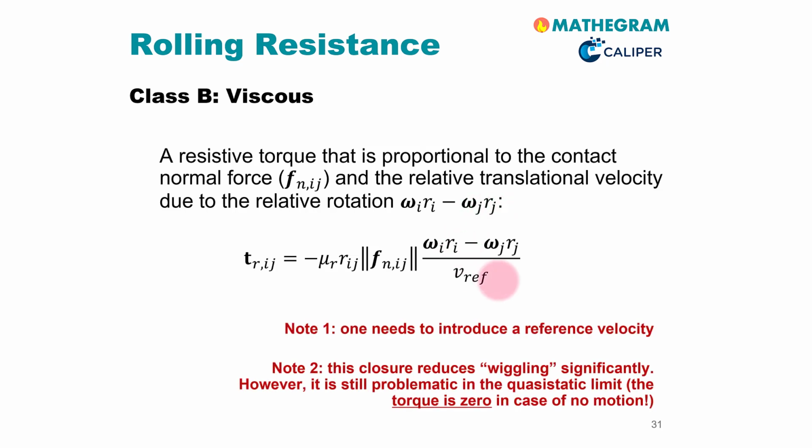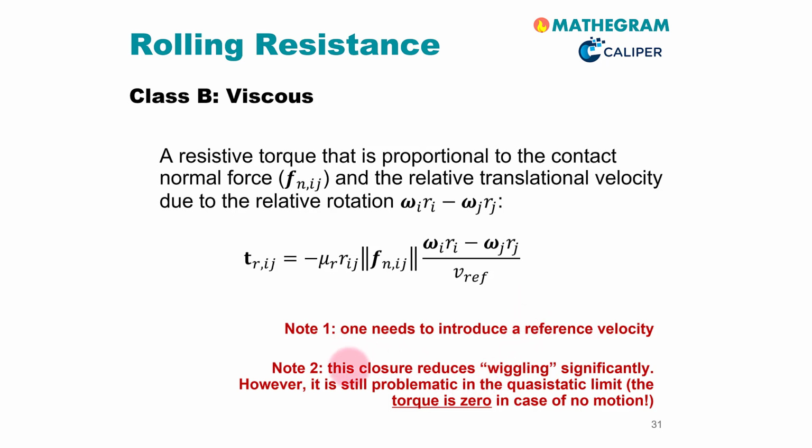The drawback of this is that we have to introduce a reference velocity that essentially scales this velocity, because this now has the units meter per second, and if we take this torque value, we need to normalize it again by velocity. The second point is that this reduces the wiggling motion significantly.